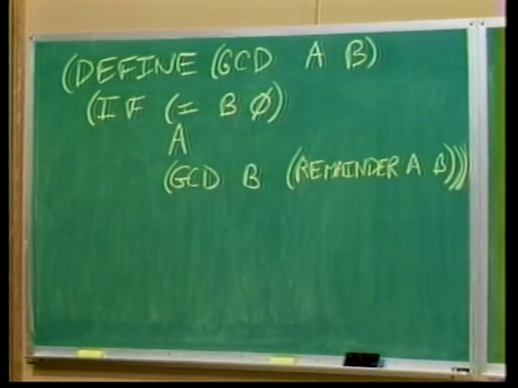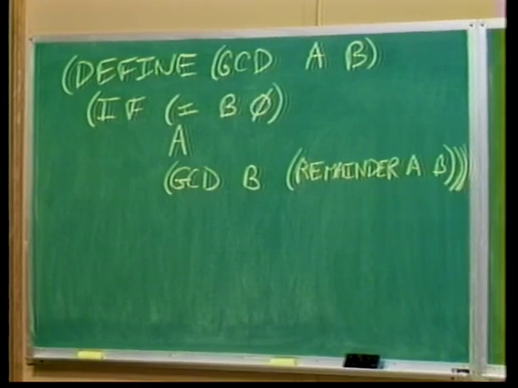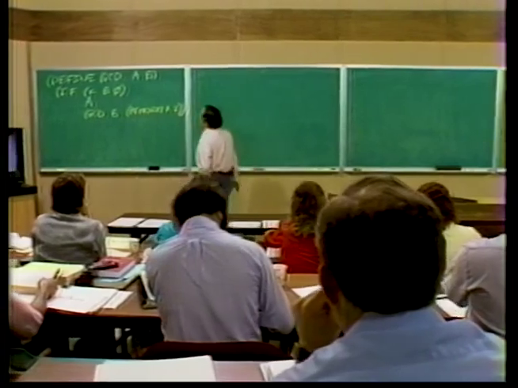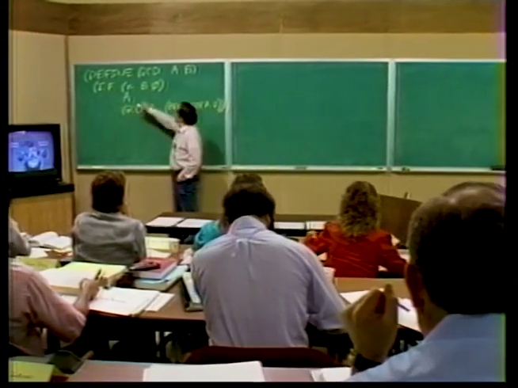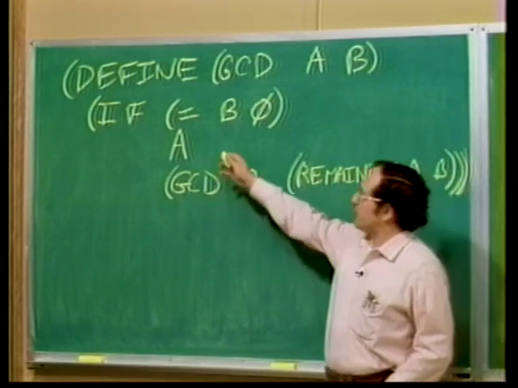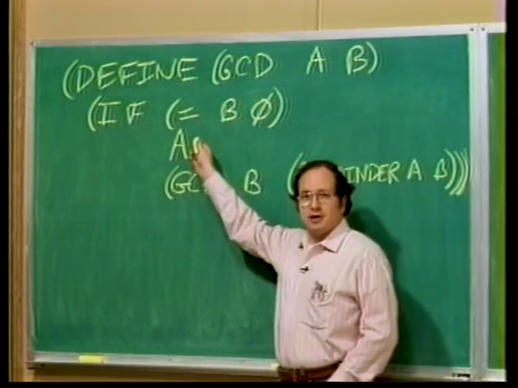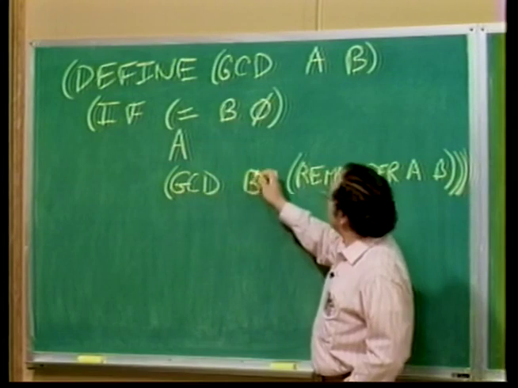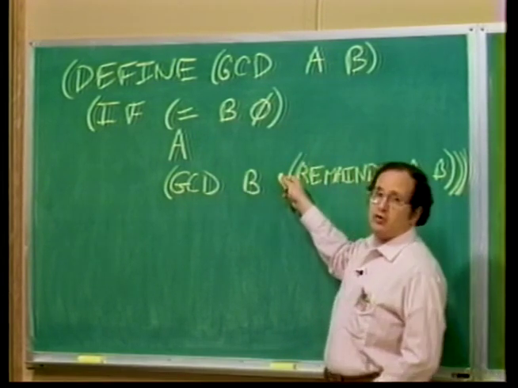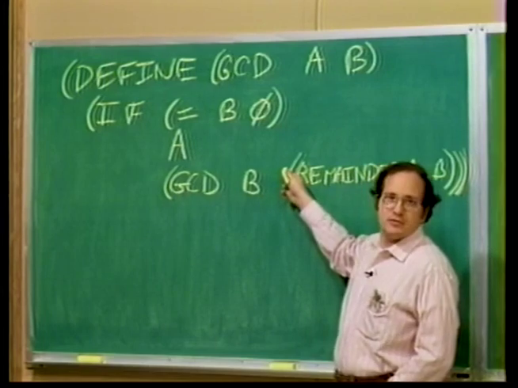This is a simple recursive procedure, a recursively defined procedure, or recursive definition, which yields an iterative process. And the way it works is that at every step, it determines whether B was 0. And if B is 0, we got the answer in A. Otherwise, we make another step where A is the old B, and B is the remainder of the old A divided by the old B.